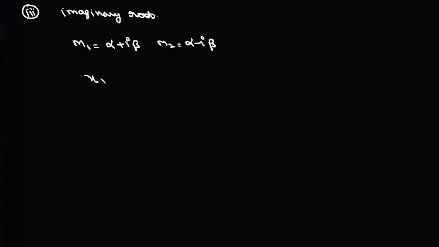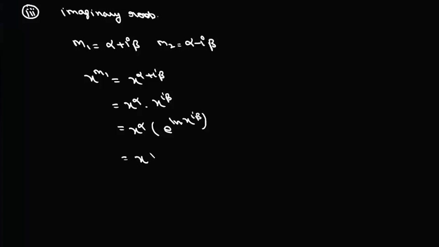Now we can write x to the power m1 as x to the power alpha plus iota beta, and will be x to the power alpha and x to the power iota beta. Now we can write x to the power iota beta as e to the power log x to the power iota beta, which is x to the power alpha, and this is e to the power iota beta log x.